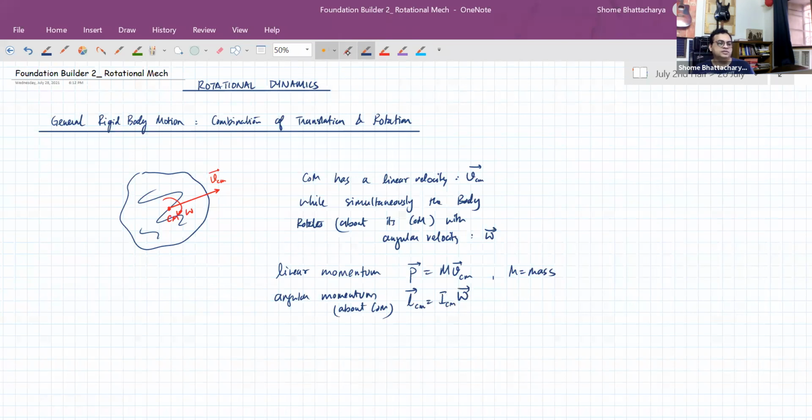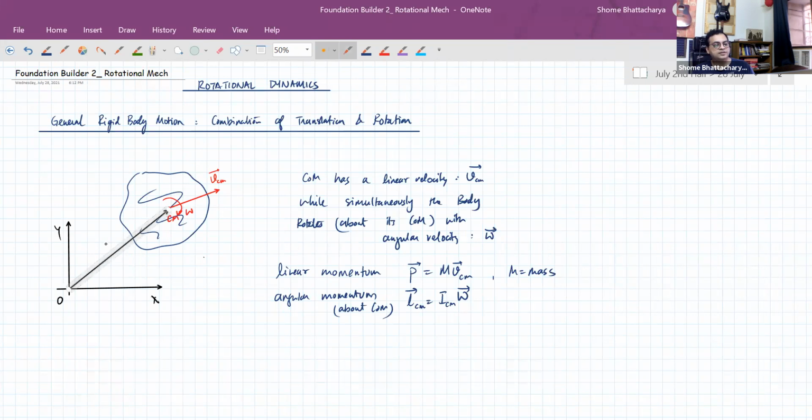But we saw another thing, that we can also define the angular momentum about another general point, which may even lie outside the body, like the origin I'm drawing over here. At the given instant of time, the position vector of the center of mass with respect to this origin point is RCM.